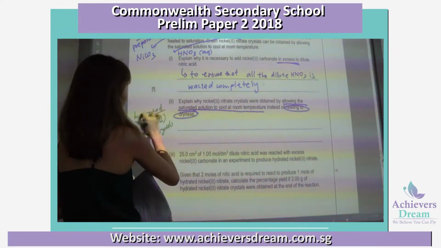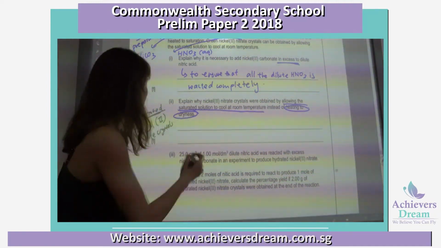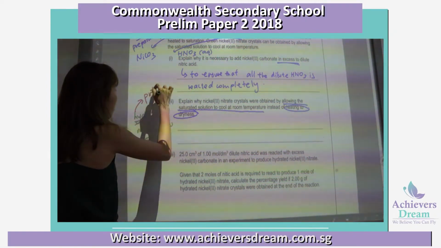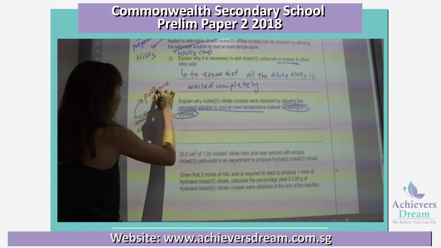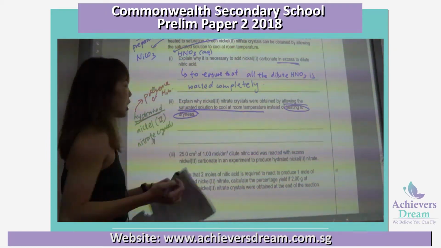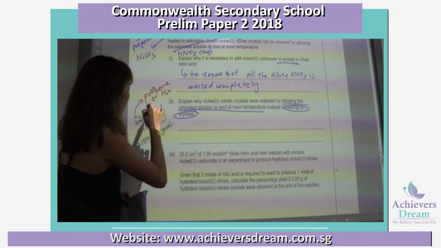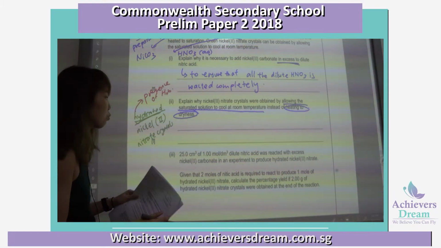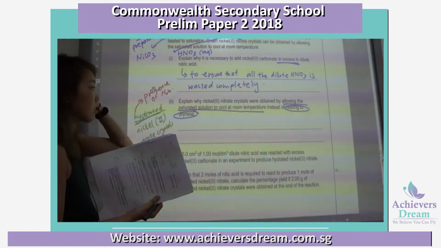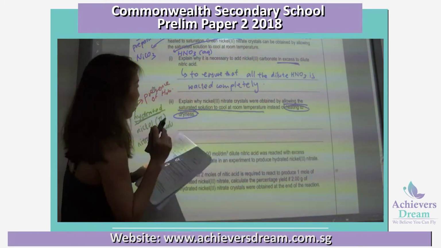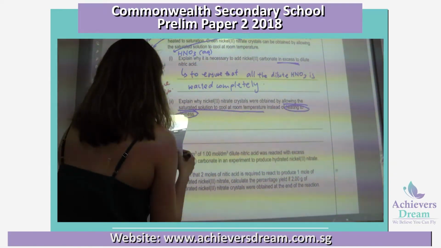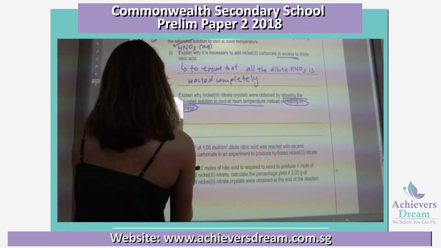What does hydrated mean? It means that there is presence of water. If I heat to dryness, will I be able to obtain hydrated nickel 2 nitrate crystals? The answer is no, correct? So why do I need to allow the saturated solution to cool at room temperature instead of heating?